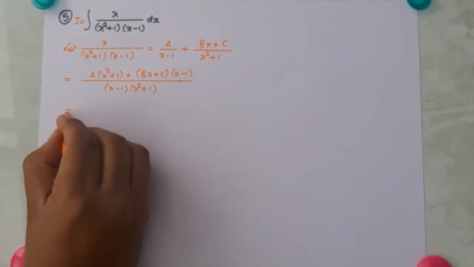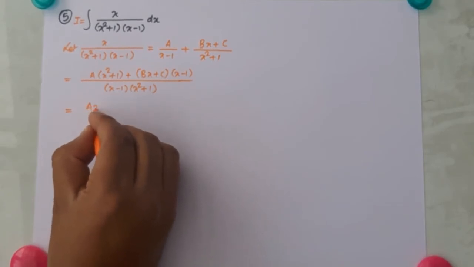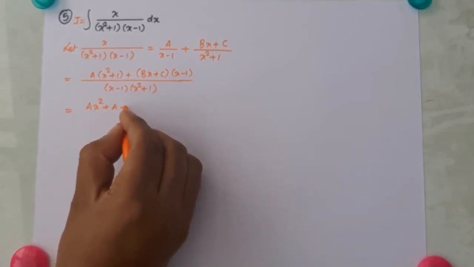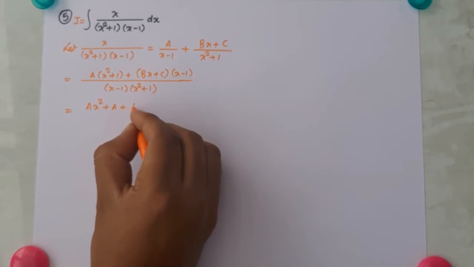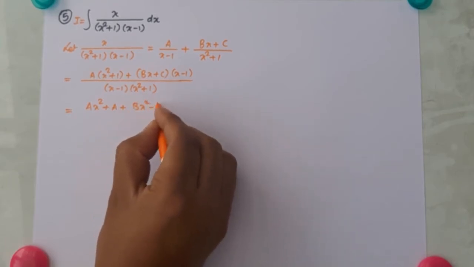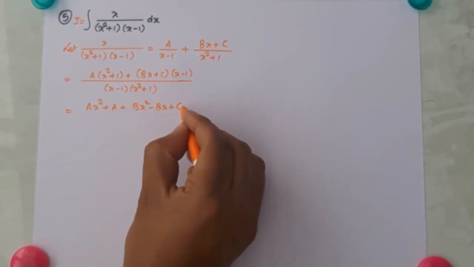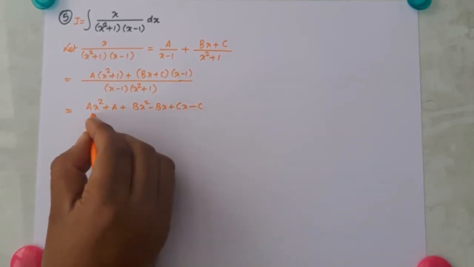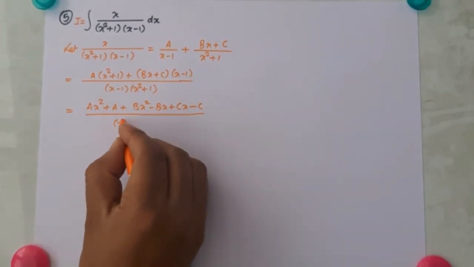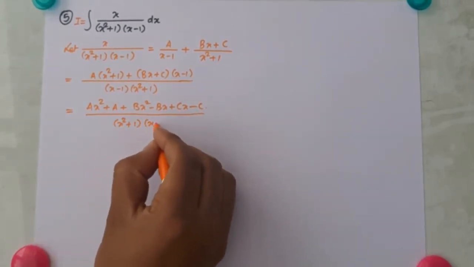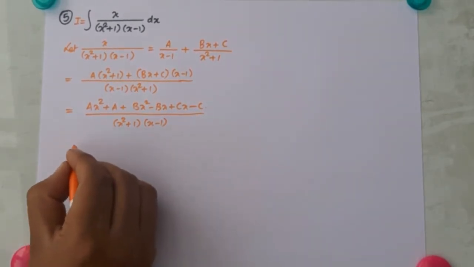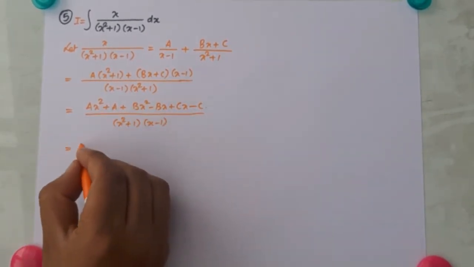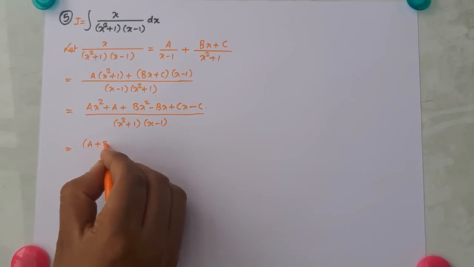So let's quickly simplify this. You get ax square plus a plus bx square minus bx plus cx minus c, by x square plus 1 into x minus 1 in the denominator. Okay, so the coefficient of x square becomes a plus b.